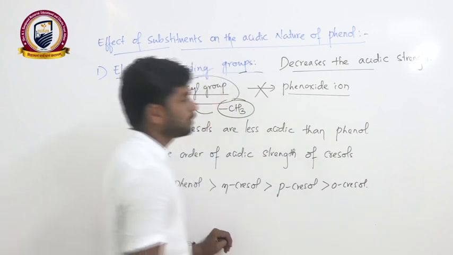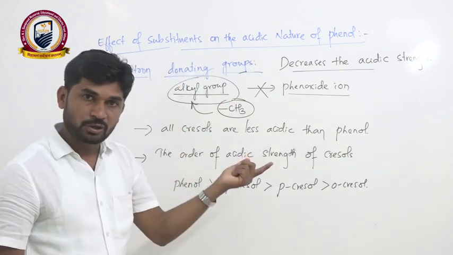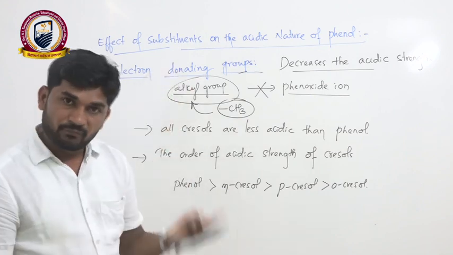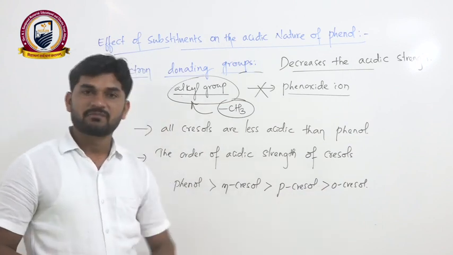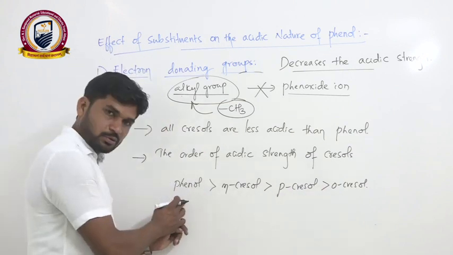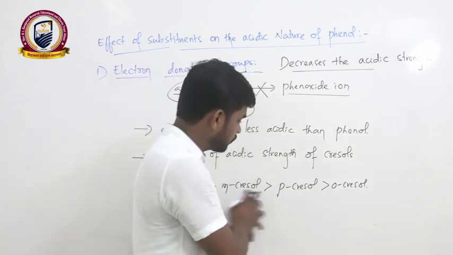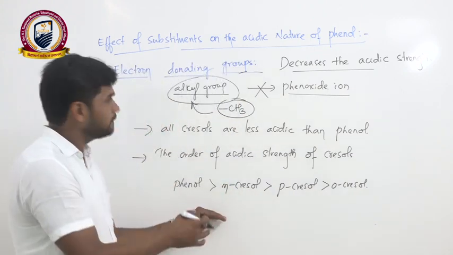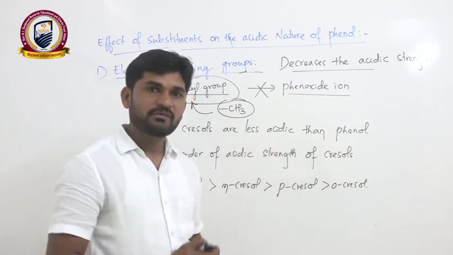You should remember the order of acidic strength for electron donating groups as well as electron withdrawing groups in the case of phenols. The order for nitrophenols was different and the order for alkyl phenols is different. So this is the order of acidic strength, and this is the effect of substituents on the acidic nature of phenols.